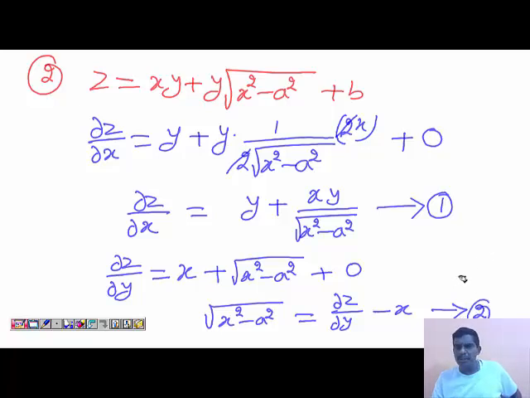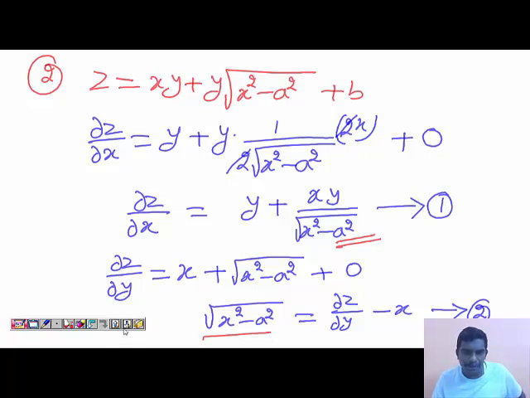Now by substituting 2 in 1, the value of the square root of x square minus a square can be substituted here. Then the entire equation becomes a partial differential equation without any arbitrary constants.